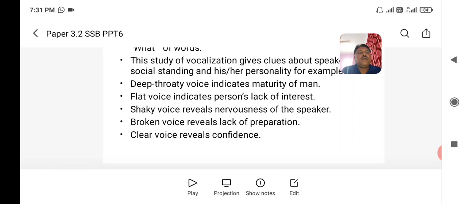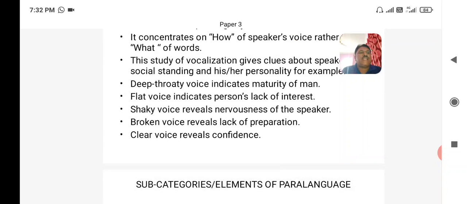After all, the very basic meaning of communication, whether you are communicating verbally or non-verbally, is that the person who is speaking and the person who is listening both should understand in a similar manner, and both should start giving feedbacks and responses.